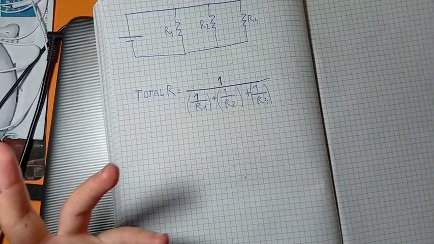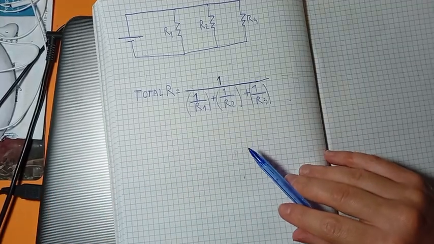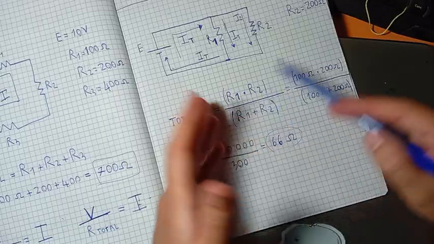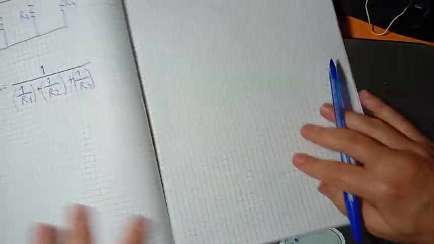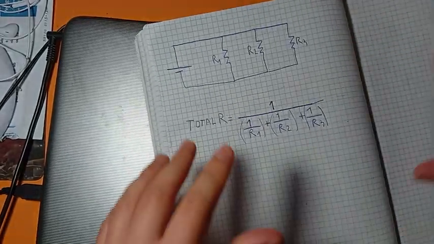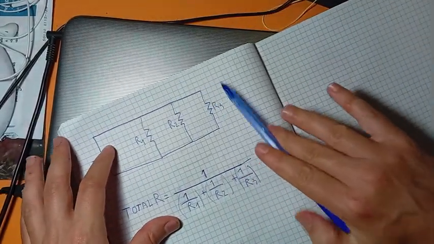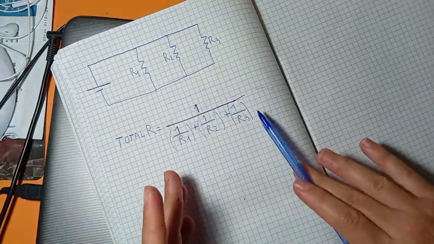It is a bit more complicated. Usually this one is a bit more complicated even to remember. The other one is more simple because you just have to multiply and then divide by their addition. But when I have more than two resistors, I have to apply this. They could be even 4, 5, 6, 7. It doesn't matter. When they are more than two, I apply this.